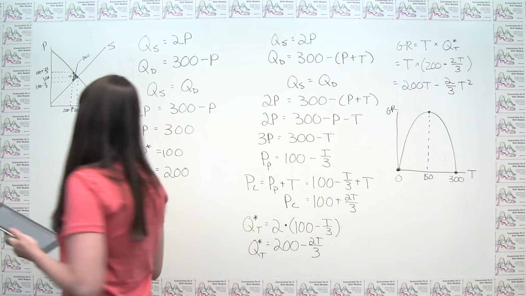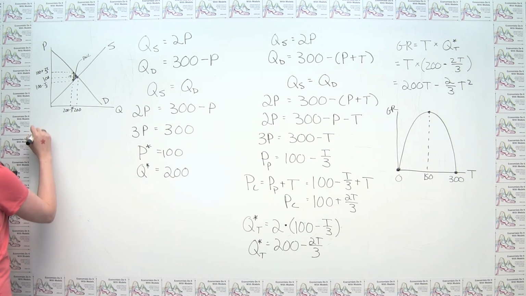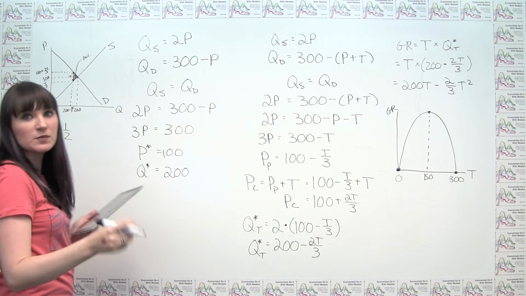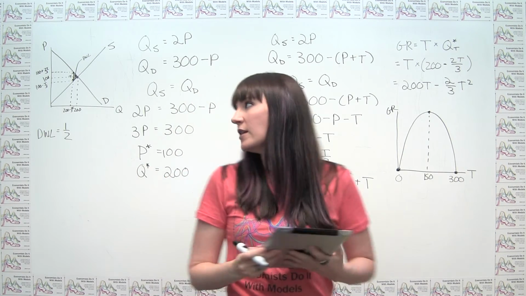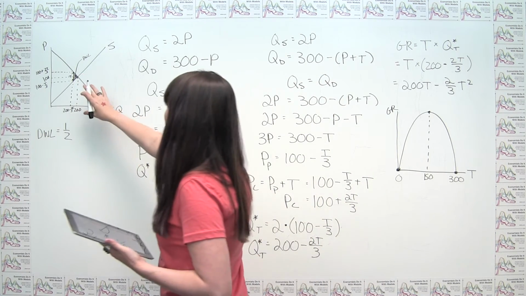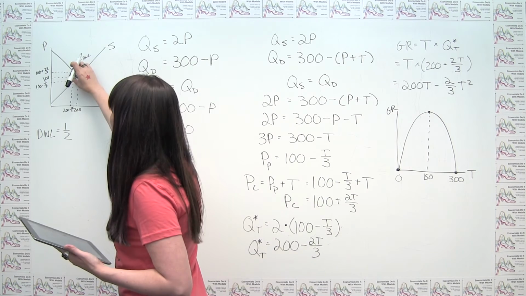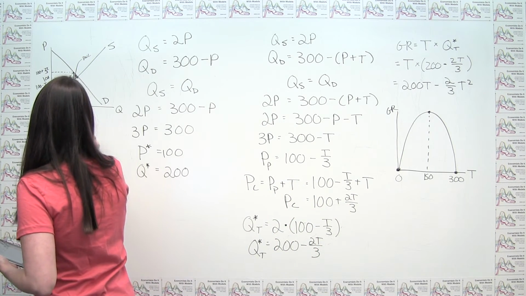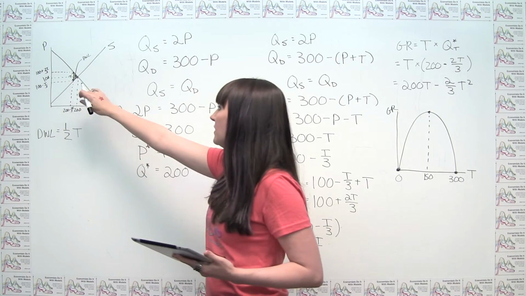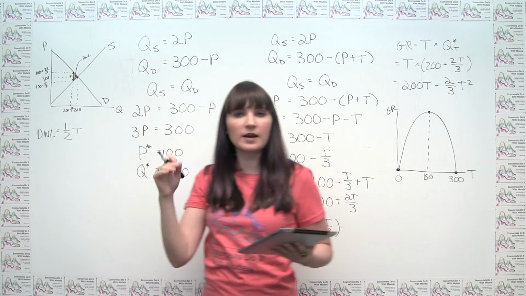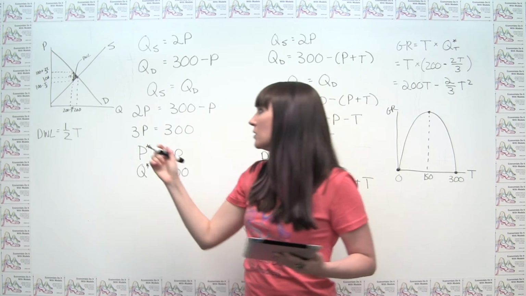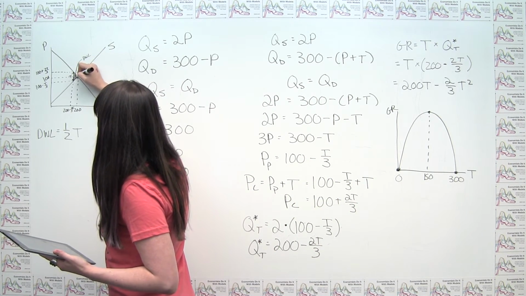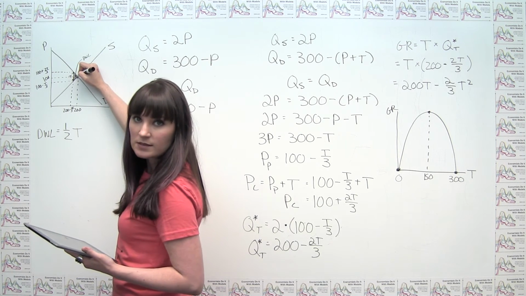Nonetheless, we can think about the area of this triangle, or equivalently our deadweight loss, as just 1/2 times base times height. And if we think about this triangle sort of on its side, we can think of the tax rate, or this amount t, as the base of our triangle. And then we can think of the height, because remember the base and the height are perpendicular to one another. So if the base of the triangle is this vertical distance, then the height of the triangle is in fact this horizontal distance.